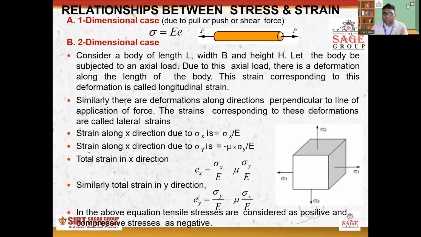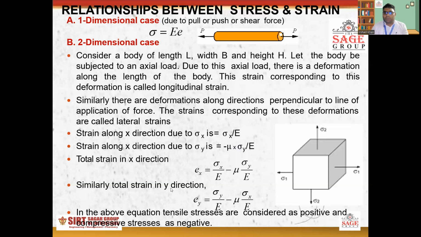And similarly, the strain along the x-axis due to the stress produced in the y direction. The load acting in the y direction acts as a lateral strain for x. So we can write it as minus mu sigma y upon E, and the total strain in the x direction would be Ex, this one minus this part.